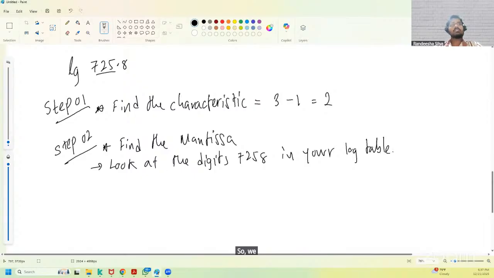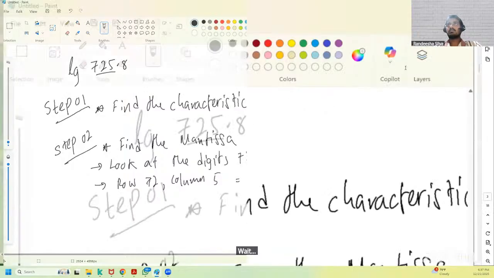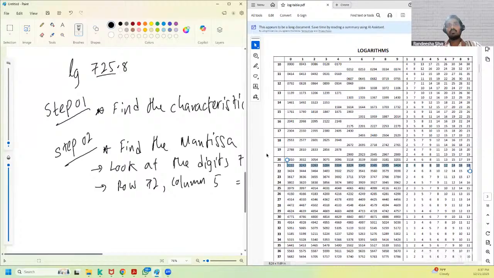So we have to go to the table again. What is the row and column? It's row 72 and column 5.